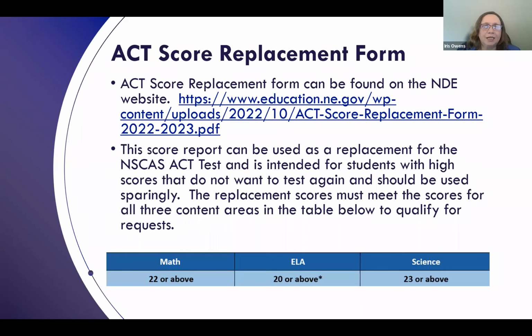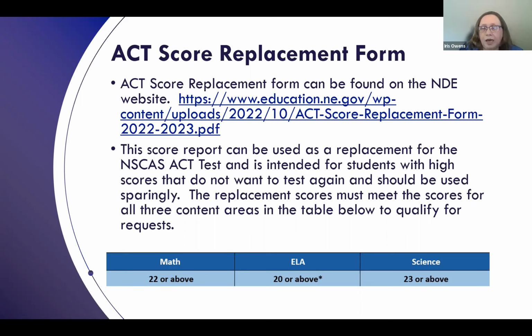But an ACT score replacement form can be used for students who've taken the ACT before the third year cohort takes it, and they have a score that meets the ACT college and career standards. So the score, I put that little box of the cut scores there. And it's also on the form.